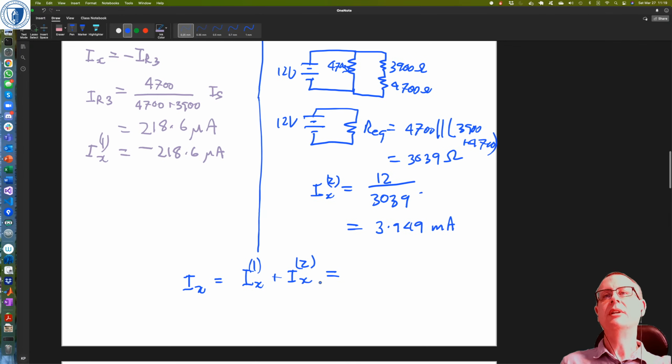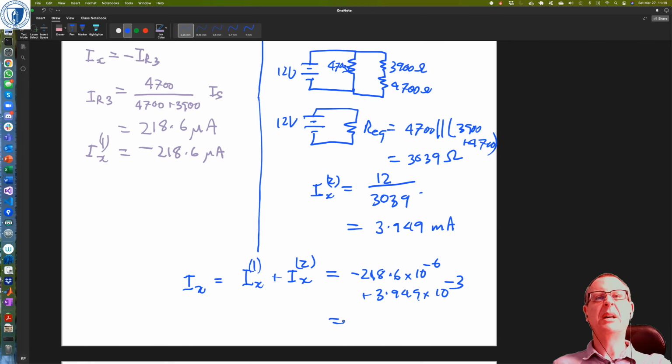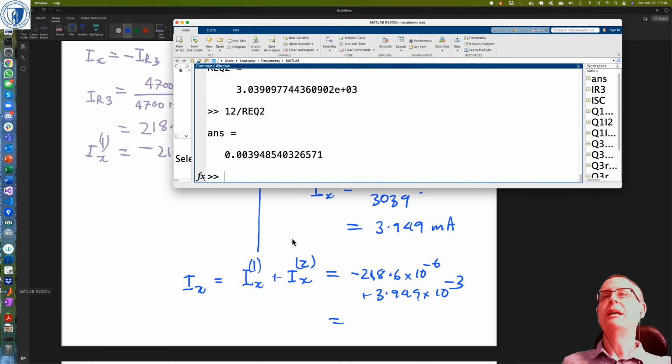Right, so it's just the number 2, and so that's going to be minus 218.6 by 10 to the minus 6 plus 3.949 by 10 to the minus 3, so it's going to be about 3.7-ish milliamps.